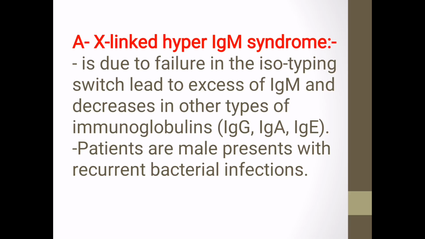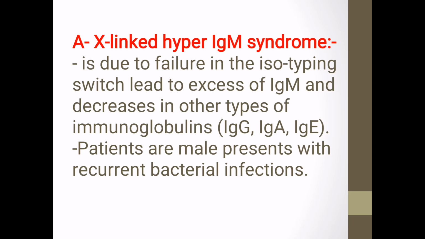After that, a process called class switching happens, meaning the B lymphocyte switches from synthesis of IgM to another isotype of antibodies. Okay, and in X-linked hyper IgM there is a problem in switching from IgM to other antibodies.